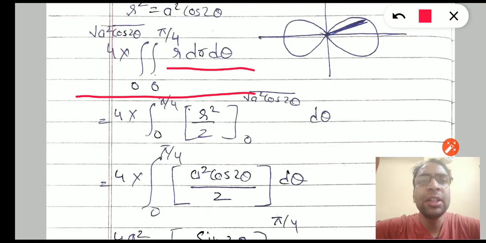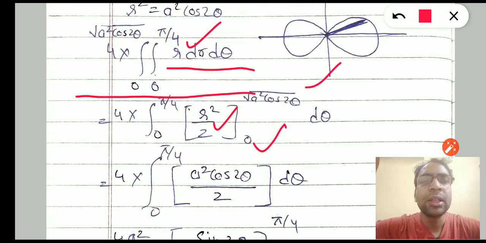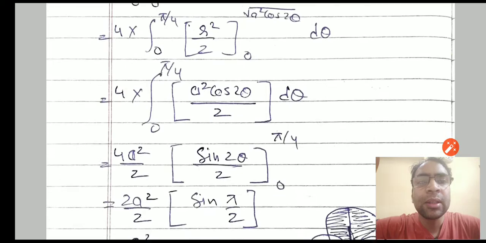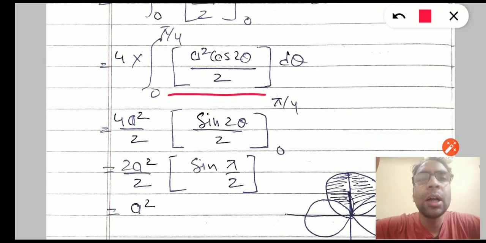Now we integrate first with respect to r. The integration of r is r square upon 2. Substituting the limits, the integral becomes a square cos 2 theta upon 2. Now we integrate this with respect to theta, and the integration of cos 2 theta becomes sine 2 theta upon 2.